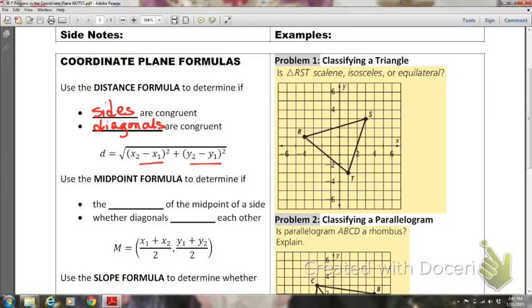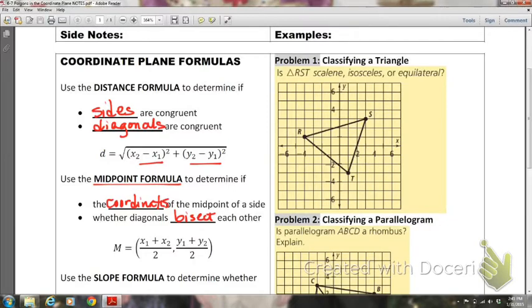The midpoint formula, we're going to use it to determine the coordinates of the midpoint of a side. And you're also going to use the midpoint formula to determine whether diagonals bisect each other or not.